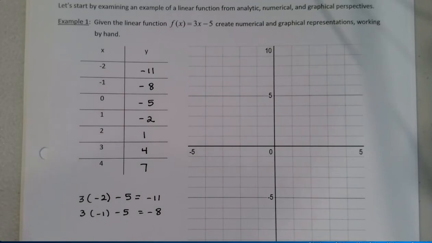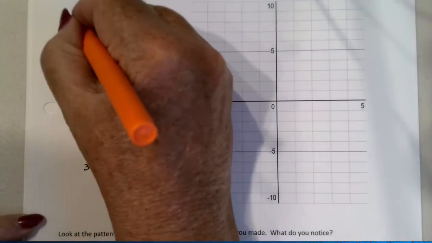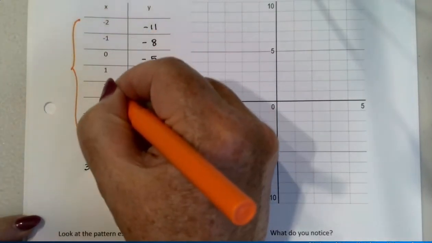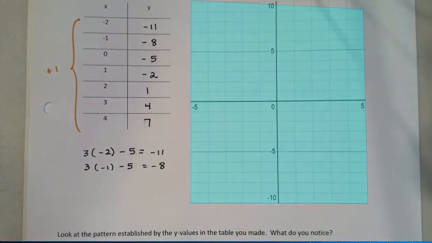All right, before I actually draw the graph, I'd like to look at the question right down here. Look at the pattern established by the y values in the table that we just made. Do you notice anything? First of all, I'm going to point out that I was very deliberate in making sure that these x values went up by 1 each time.